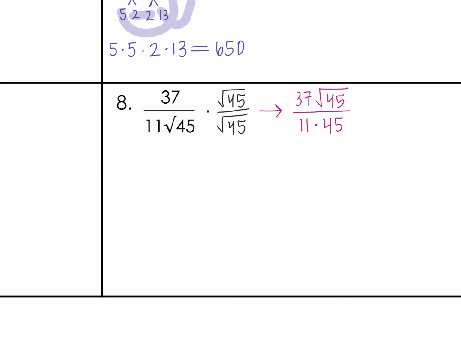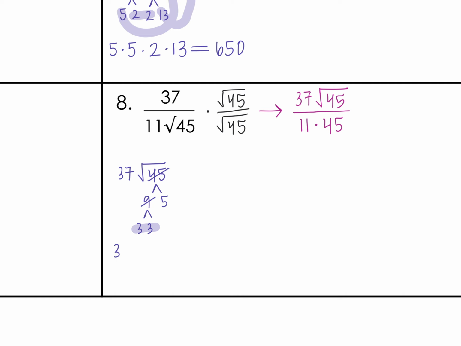Then I'm going to come down here and do some scratch work. That 37 square root of 45 can be simplified. Here we can factor that 45 into 9 times 5. And then that 9 is a perfect square, so we can factor it into 3 times 3. So I have a pair of 3's that I can pull out.